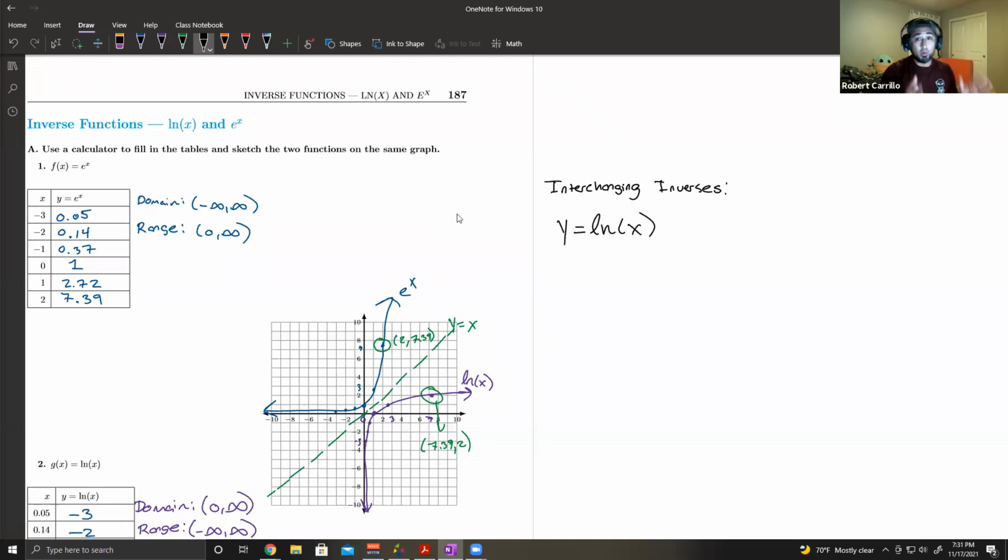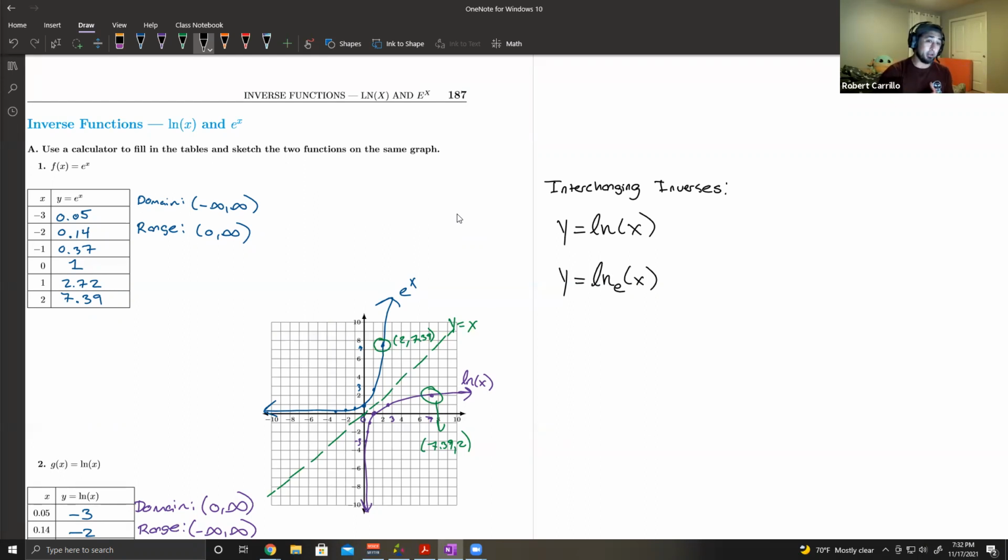The natural log has a base of e, so I can rewrite this as y equals the natural log base e of x. If you ever see the natural log, just know it always has a base of e. And this further proves that these two functions are true inverses of each other.